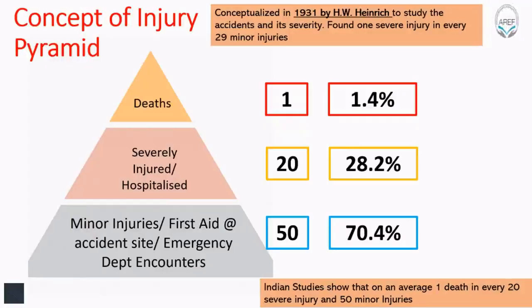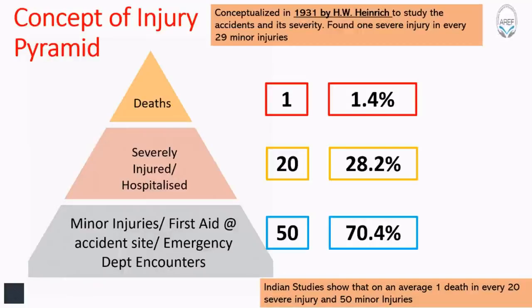Now, since this is a management technique, if we want to study the variation among different geographies or different timings, then the injury pyramid can give us the context for how to interpret those injury data.